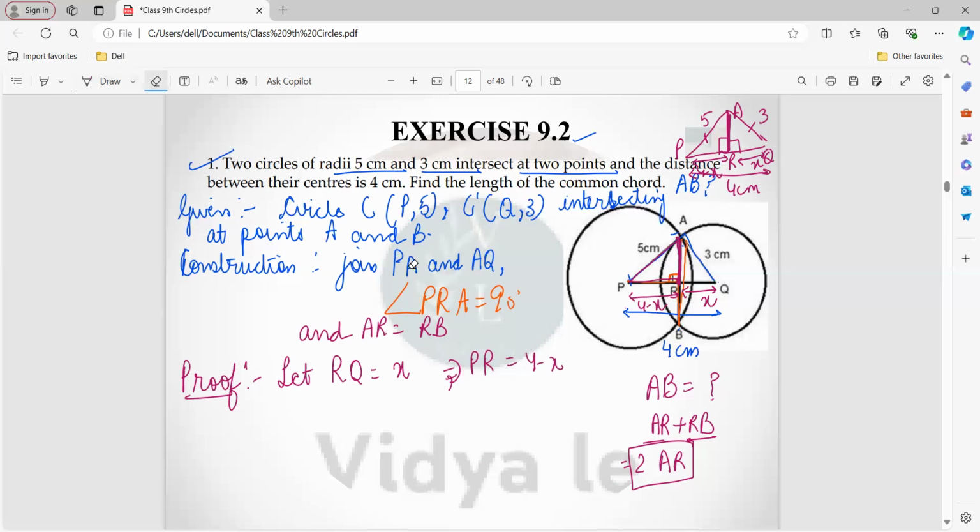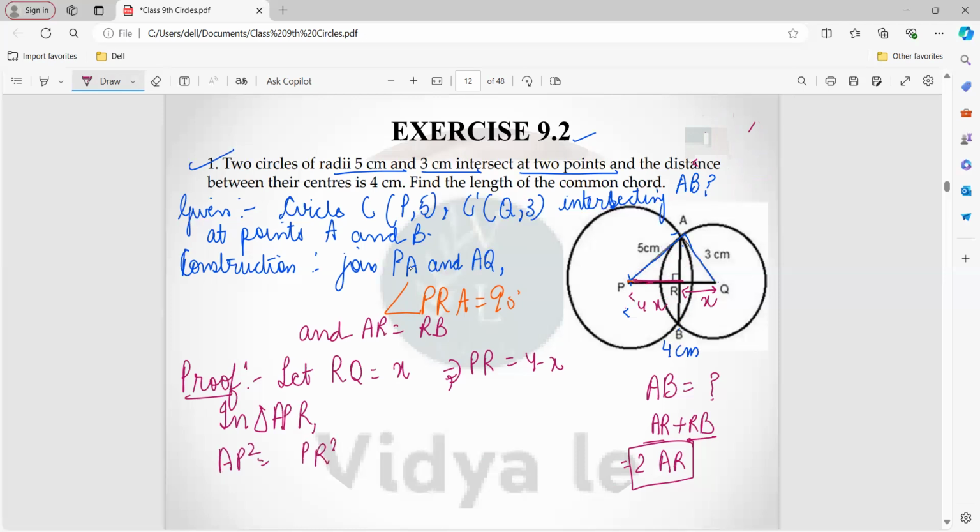Now we'll take the first triangle, that is triangle APR. So in triangle APR, hypotenuse square is equal to base square plus perpendicular square. So we have AP square is equal to PR square plus AR square.